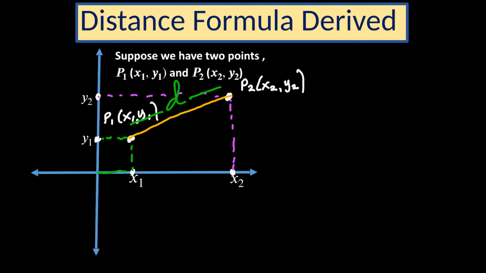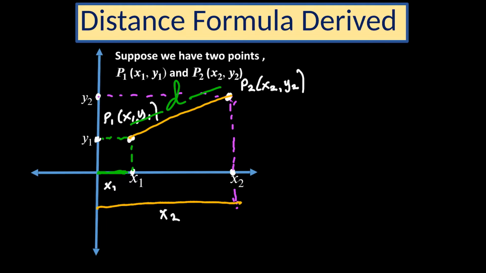this distance between x sub 1 and the y-axis is actually x sub 1. And if we extend this line, the distance from the y-axis to this line is also x sub 2.